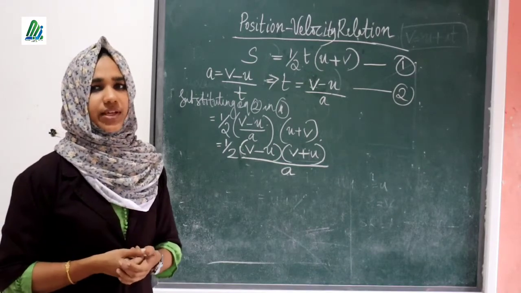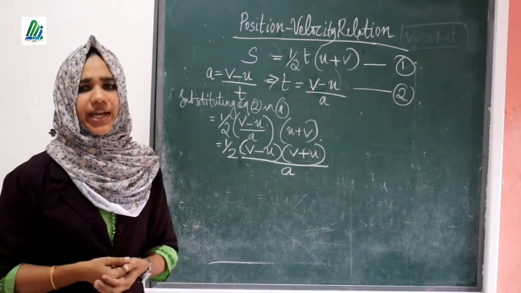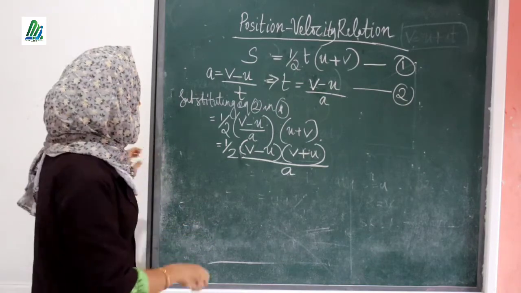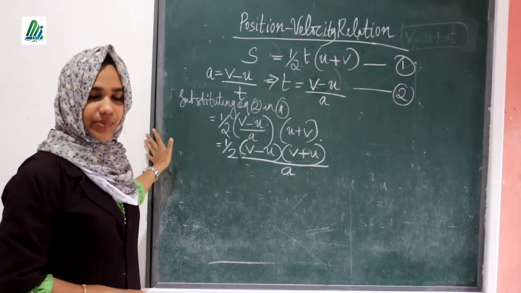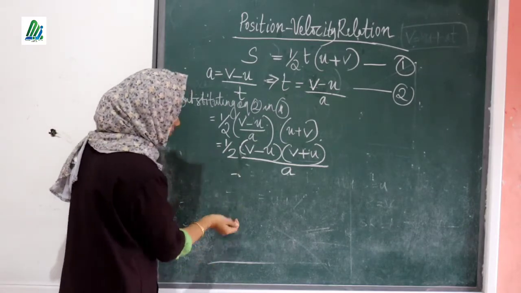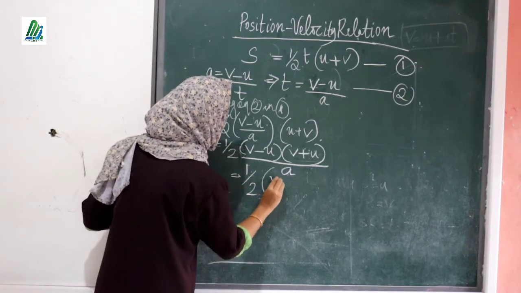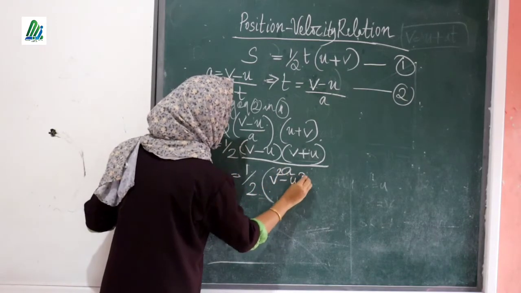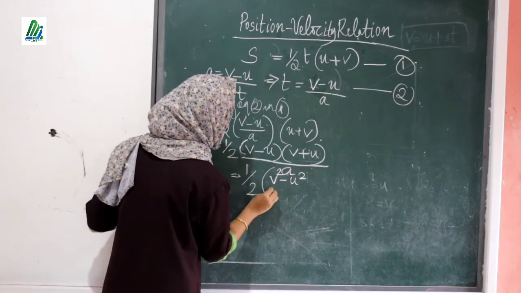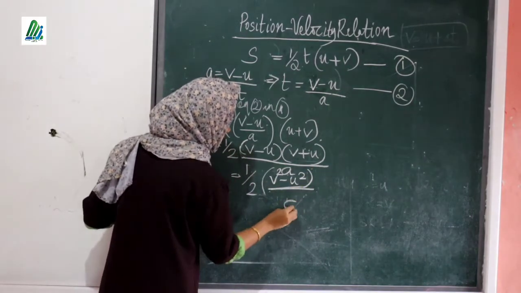So we can write half into v square minus u square by a.